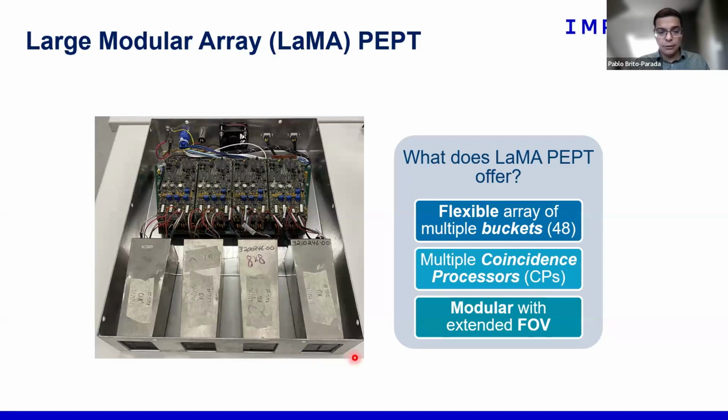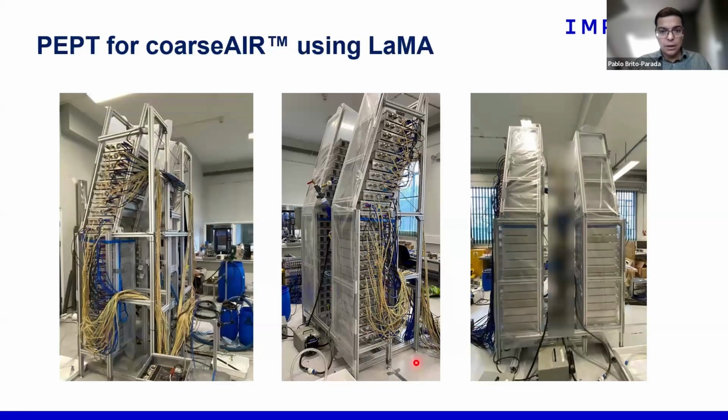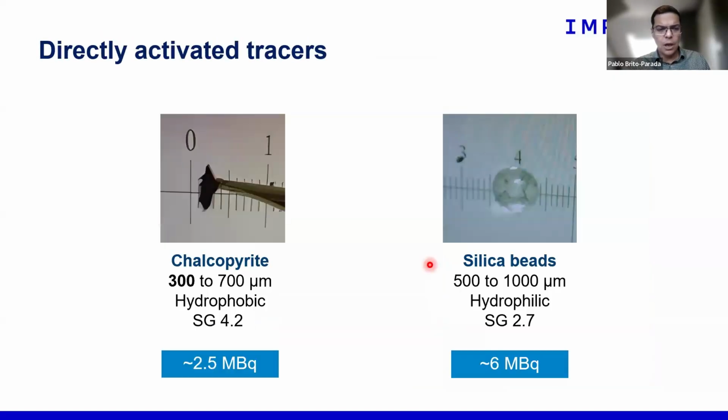It has an extended field of view as well, which allows us to do this. A lot of cables, and this is how it looks in the lab. As I was saying before, on each side of the column, we could have the buckets following the lamella section at the top, and then being able to capture as much information as we could from the system.